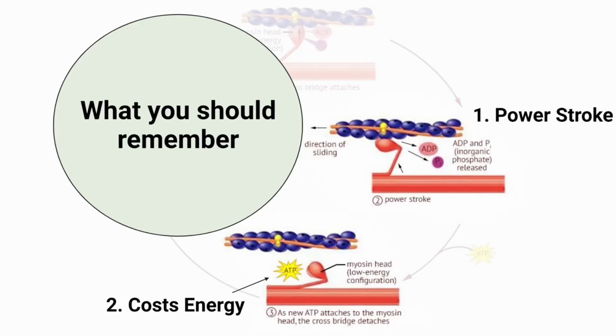Where do you think the physical activity comes from? This right here. This is where the ATP comes in to dissociate the myosin head. So you have to have energy, and this is where you're getting it. This is one of the main mechanisms where physical activity leads to the use of energy.